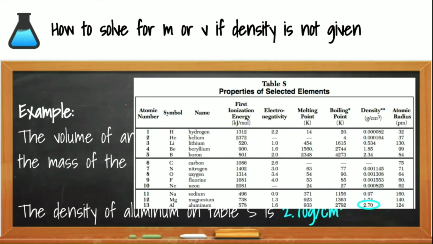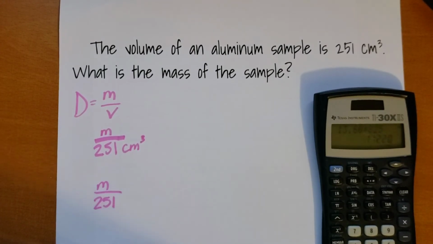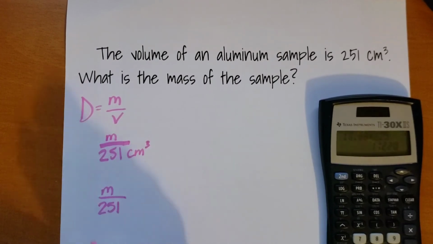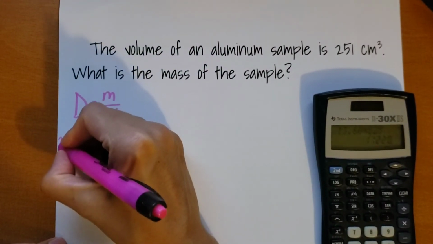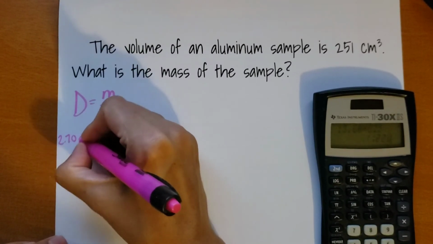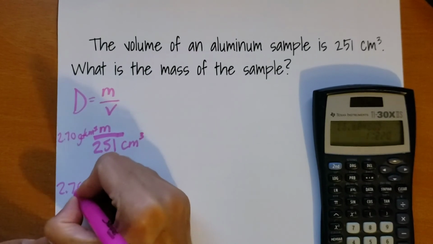So you can see here, we can look for element number 13. You can see the density of aluminum. So if we take the value from the reference table, the density of aluminum is 2.70 grams per cubic centimeter, or simply 2.70, whichever way you prefer.